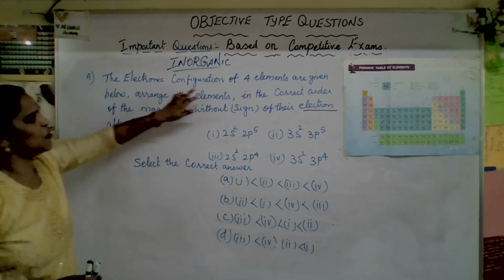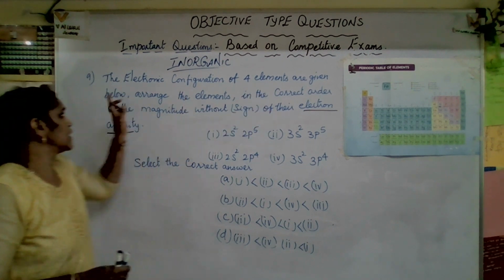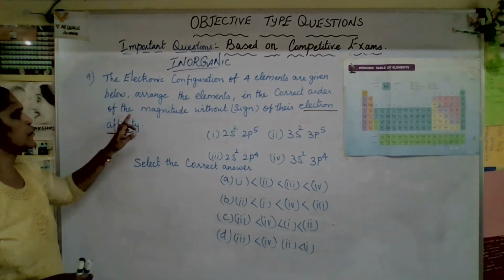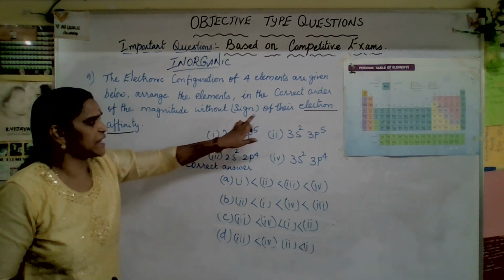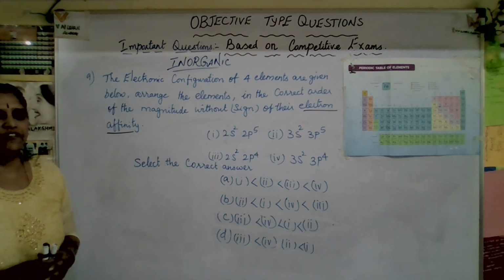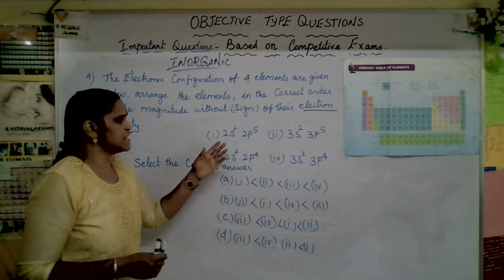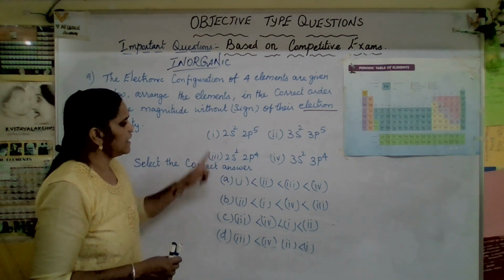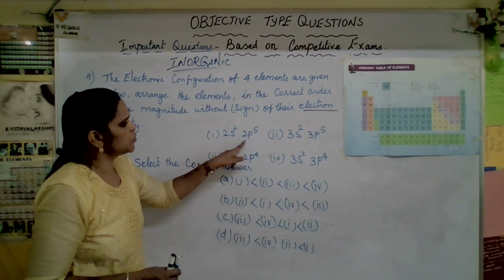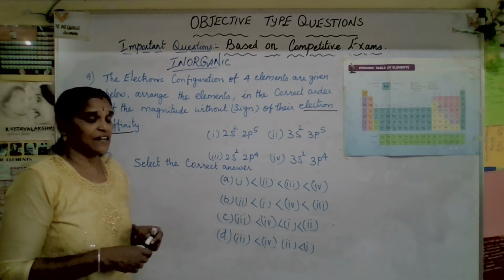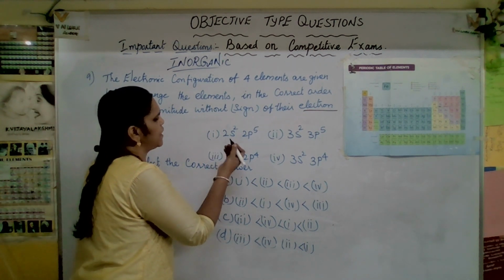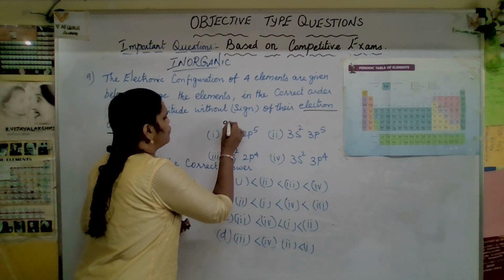The electronic configurations of four elements are given below. Arrange the elements in the correct order of the magnitude, without sign, of their electron affinity. As you see, option 1 is A, B, C, D. 2s2 2p5: it is atomic number 9, fluorine.